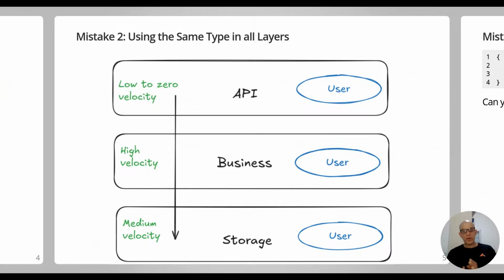At the beginning of a project, this is going to look redundant, but it's going to pay off in the future when you start seeing changes. And also, every time you see someone going through a lot of hoops in the API layer, parsing what the user is sending and trying to match it to some kind of a struct that the business layer is using, this is a good sign that there's no separation and you're tying these layers together. So this is mistake number two.